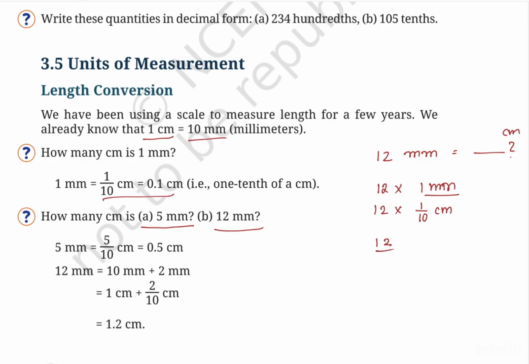So we have 12 by 10 centimeter. Dividing 12 by 10, we have the decimal form 1.2 centimeters. So 12 millimeter is equal to 1.2 centimeters.